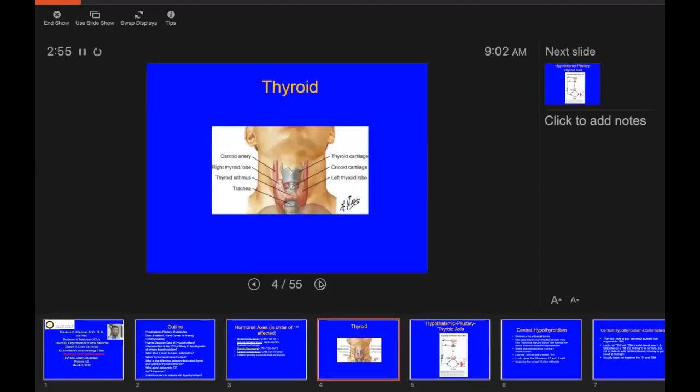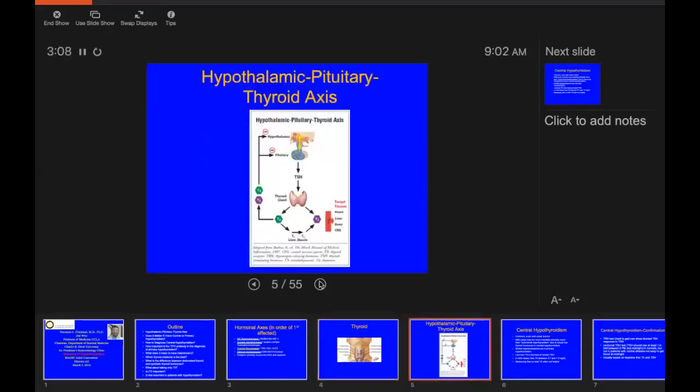Okay. The thyroid is in the neck. It's a little bit above the trachea. There are 2 lobes. It looks sort of like a butterfly, as you can see right there. The hypothalamic pituitary thyroid axis starts with the hypothalamus in the brain, just above the pituitary, releasing the hormone TRH, which goes to the pituitary to make TSH, which goes to the thyroid gland to make T4 and T3.